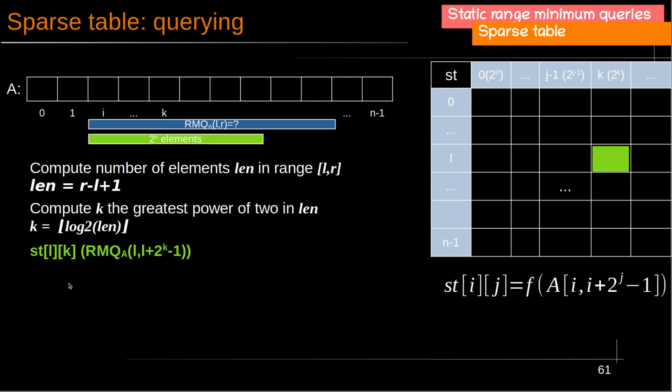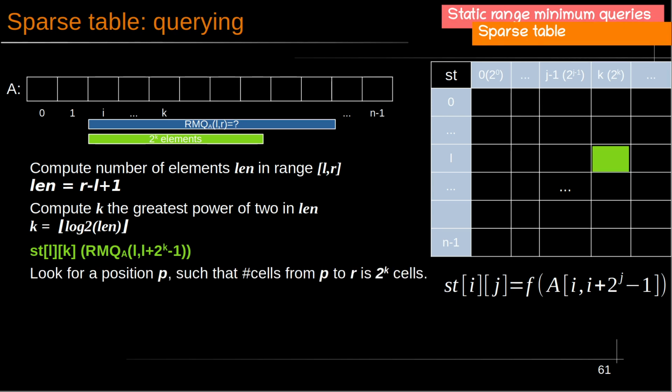As we have seen, the range from left to right can be divided into two ranges. The first one starts from L and takes 2 power k elements, and the second range starts from position P. How to compute that P?